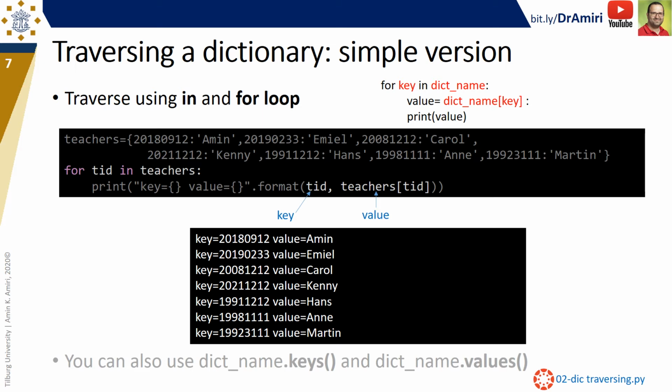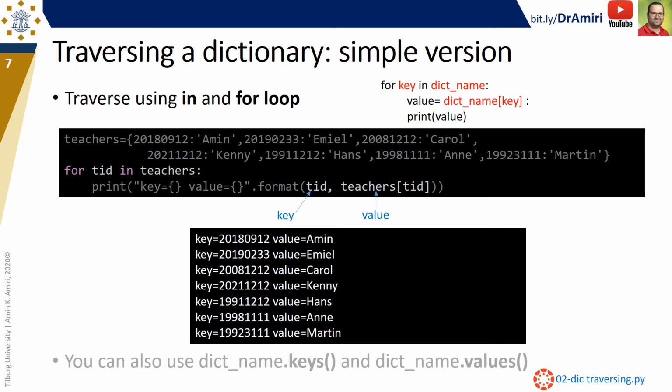In each iteration, one item is selected and the key of that item is put in the key variable that you suggested in the for clause. And in the in clause, you provide the name of the dictionary and then you put a colon.